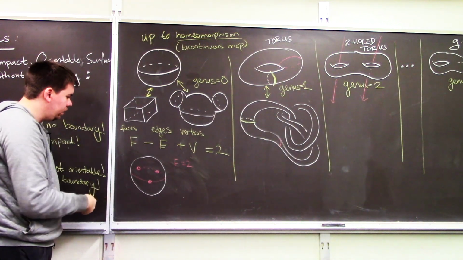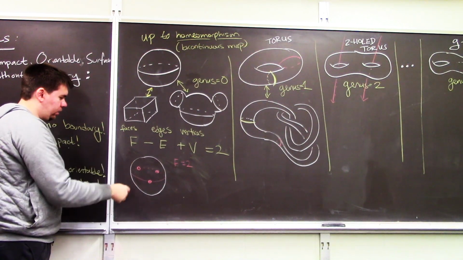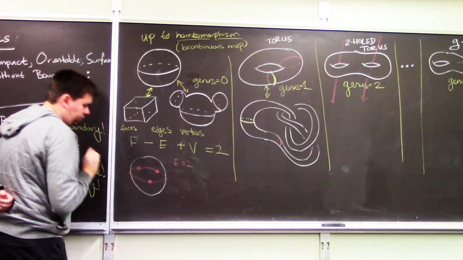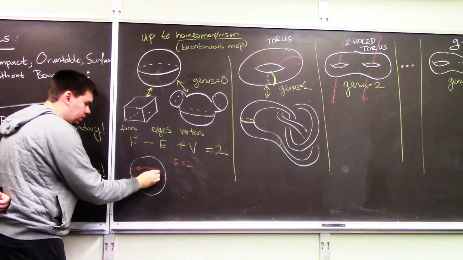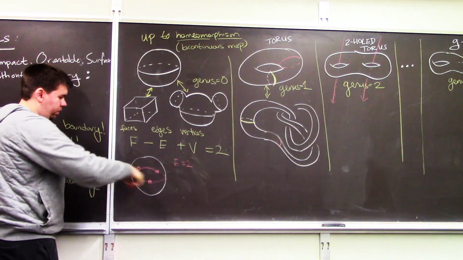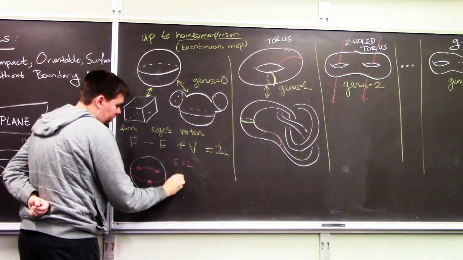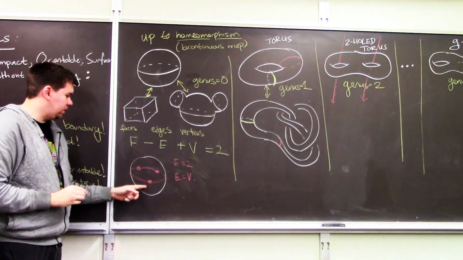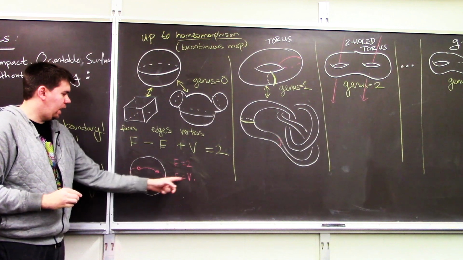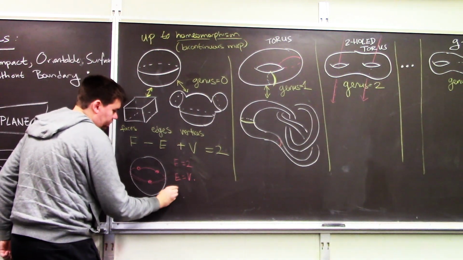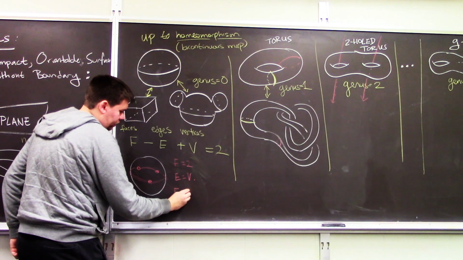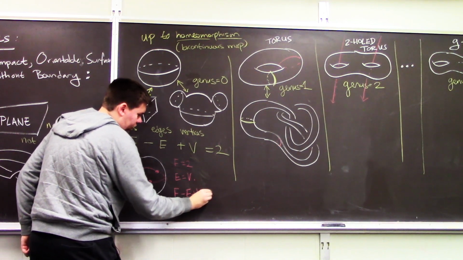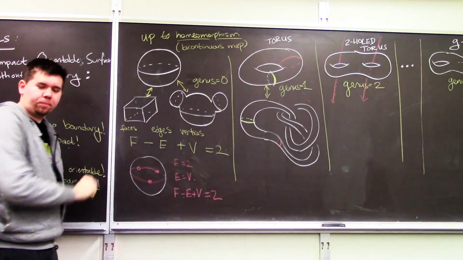It's whatever number. But notice along that equator, the number of edges, 1, 2, 3, is equal to the number of vertices, 1, 2, 3, because they form a circle. So edges equals vertices. So as long as you have 2 faces that make up your sphere, then edges equals vertices. So then, of course, faces minus edges plus vertices is 2, because these are the same.